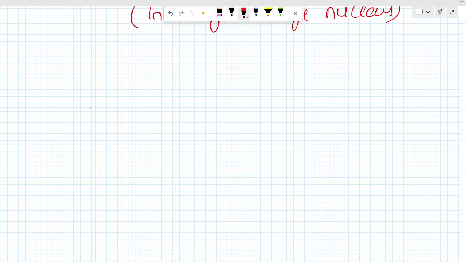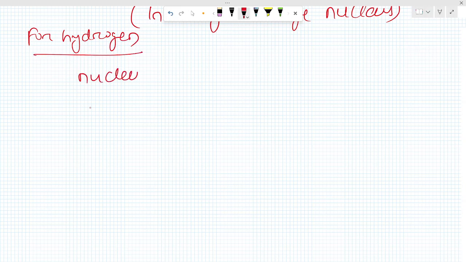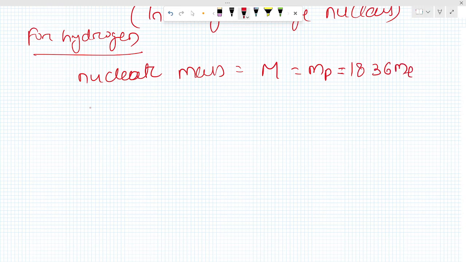For hydrogen, let us consider hydrogen and derive it for hydrogen. For hydrogen, the nuclear mass, capital M, is the mass of proton, which is 1836 times m_e, as you know.